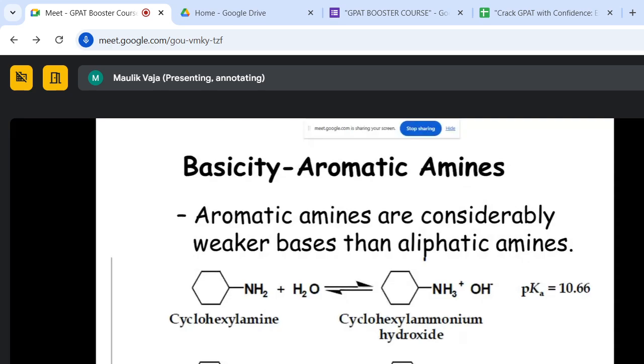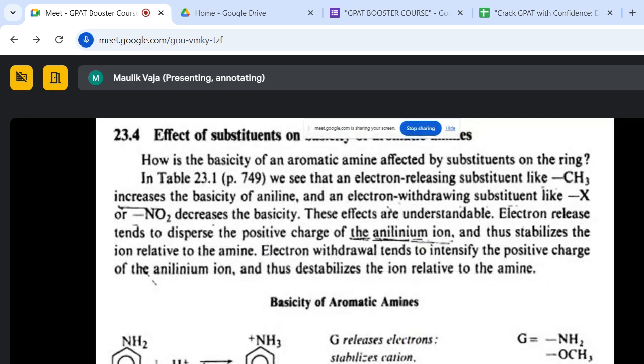Why? Because here nitrogen donates its lone pair to the aromatic ring. But if another electron donating group is attached, methyl is an electron donating group, at para position, then it will donate electron to the aromatic ring, and nitrogen's burden will be less.